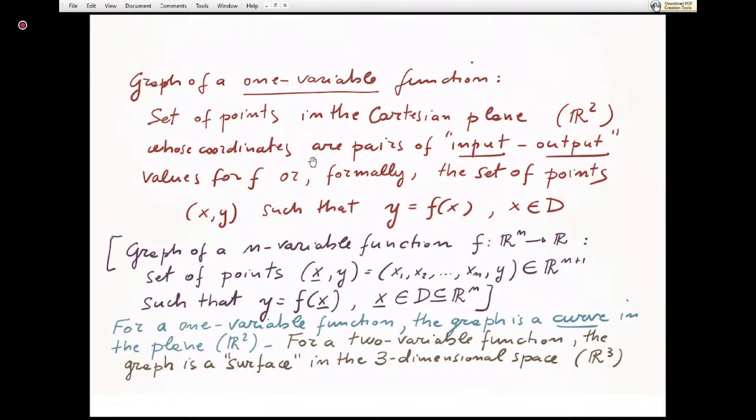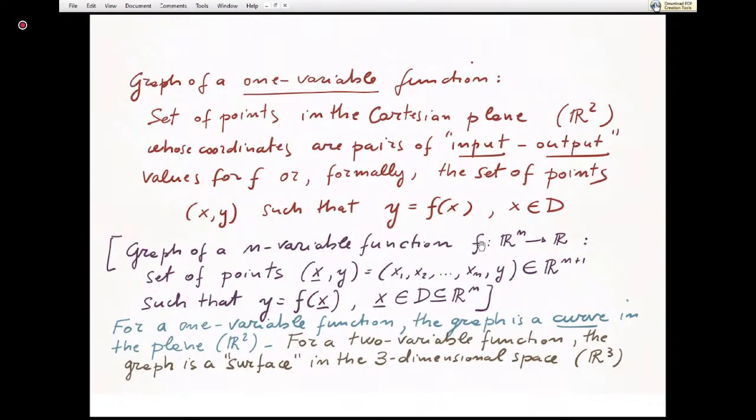In the two variable case, we have a curve in the plane, so the geometric intuition is very easy, okay? In the case of a 10 variable function, we don't have any geometric intuition on what the graph of a function is, but mathematically the definition is identical, except we have n variables instead of 1.